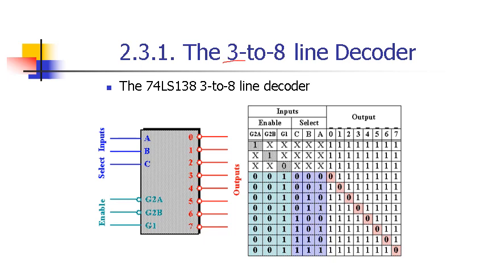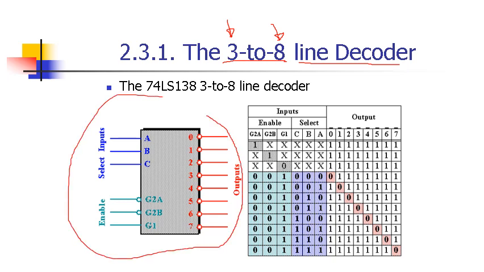We use a decoder which is better than the NAND gate, and we call it a line decoder. This line decoder takes 3 bits as inputs and provides you with 8 different lines, like this one here.